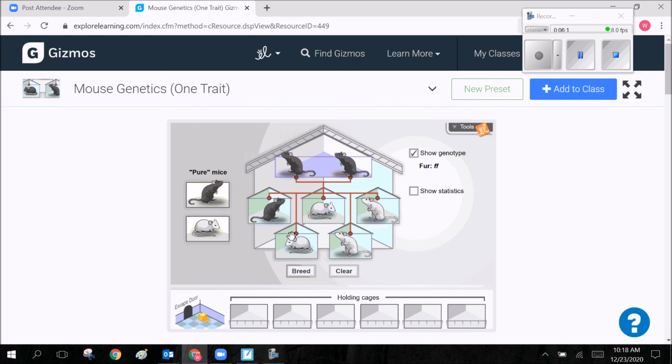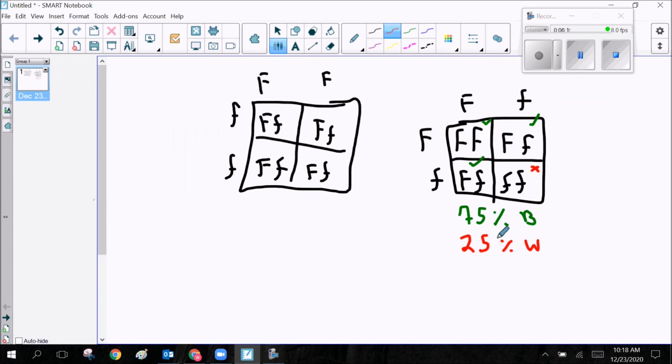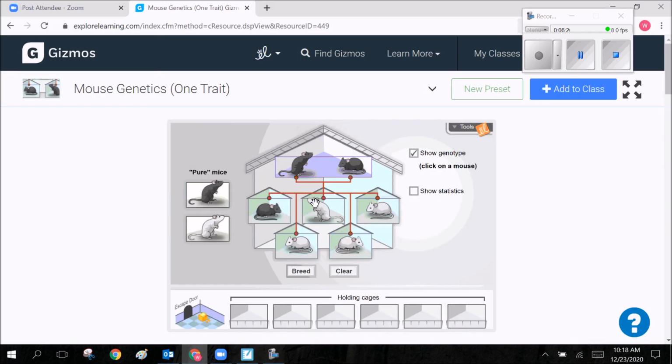So it might be unlikely that we get 4 out of 5 mice having white fur, but it can happen, because it's just a 25% probability every time they have a new child that it will be white. In this case, the odds went in favor of that fur color, but in this case the odds went in the opposite direction. It could go either way. You just have to remember that these are probabilities. It's not telling you exactly what they're going to have.